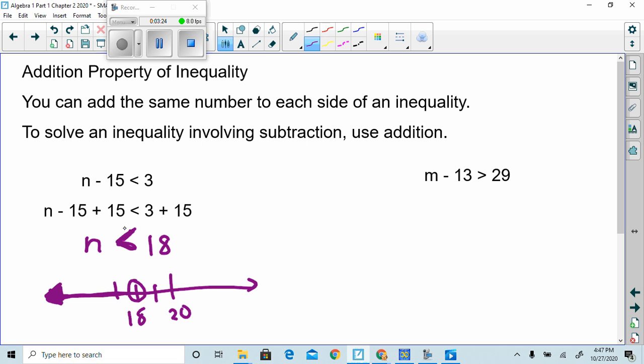My second problem says m minus 13 is greater than 29. I will add 13 to both sides, isolating my variable m, and if I add 13 to the other side of the inequality as well, I'm going to get m is greater than 42.